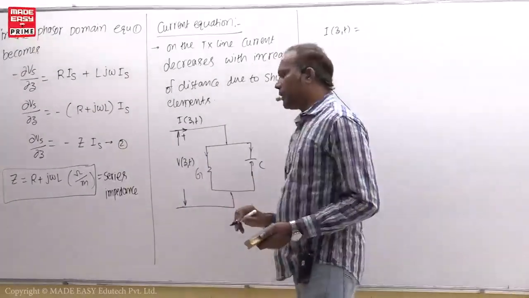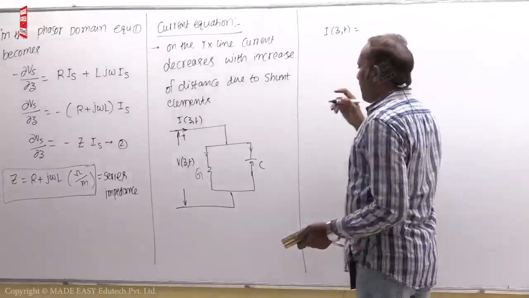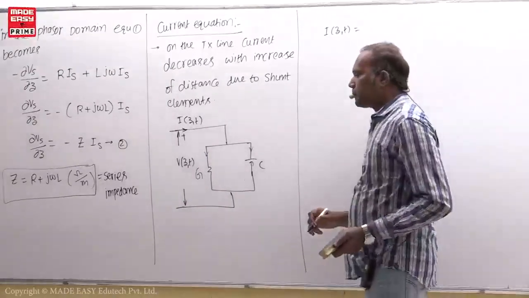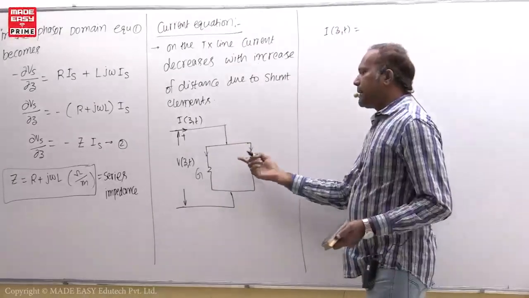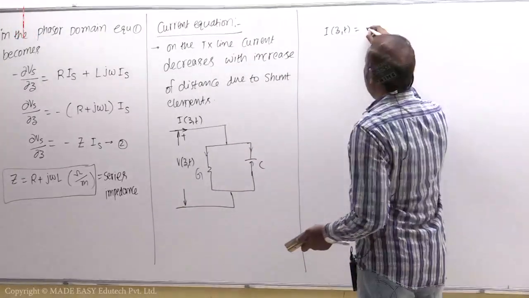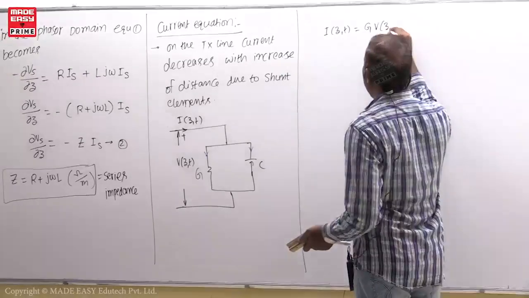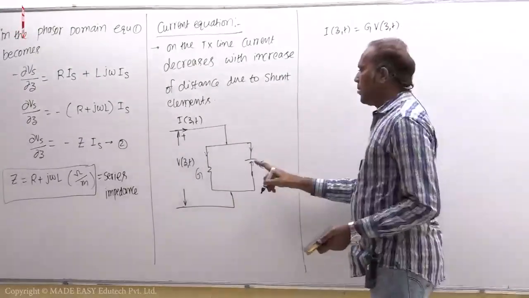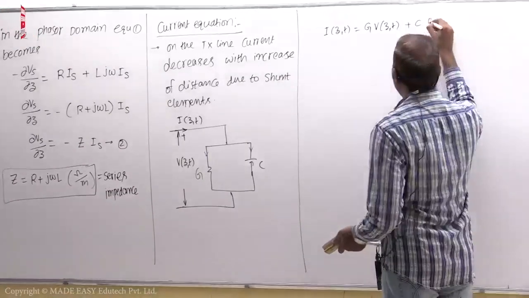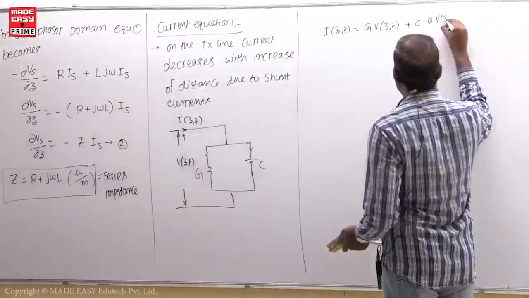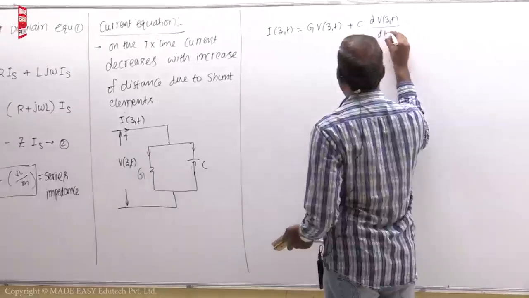This is g actually. V by R gives current, and 1 by R is G. So G into V of z comma t is the current through this. Then I is equal to C into dV by dt. So C into dV of z comma t divided by dt.